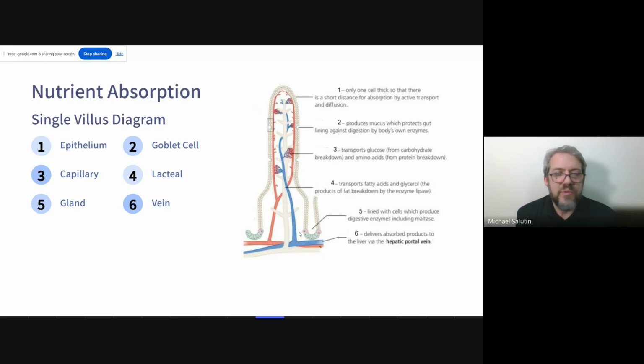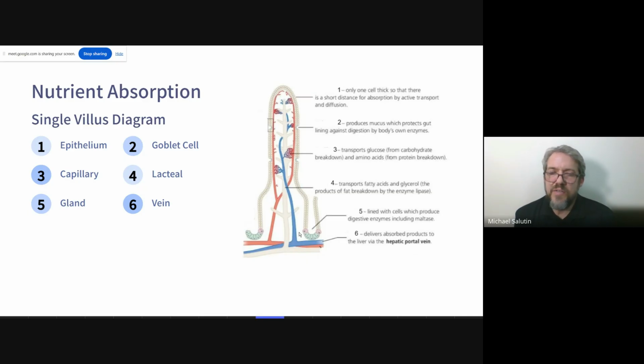Okay, on to number three. These are the blood capillaries. These capillaries are very similar to the ones in the alveoli in the lungs, and the ones around every cell that provide oxygen and nutrients. These transport glucose from the carbohydrates that have been broken down, and the amino acids from the proteins that have been broken down.